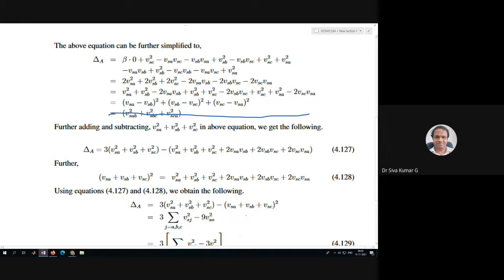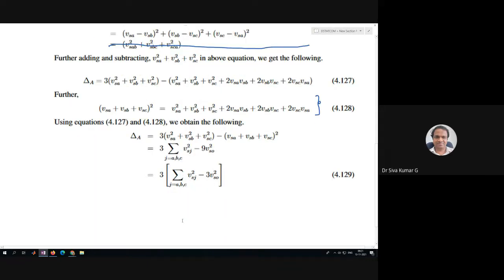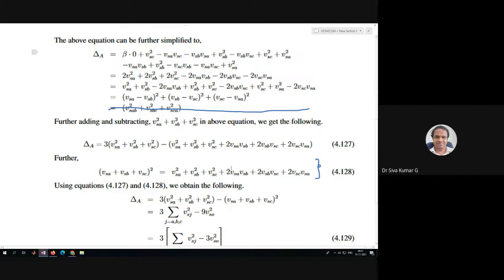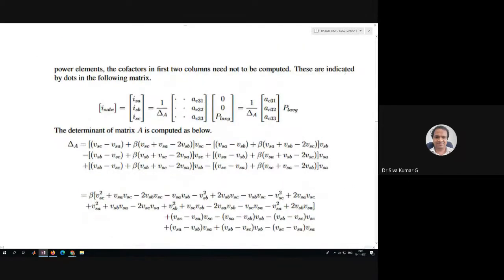Maybe from this equation they have gone for this equation by making use of this particular expression also. The final value of the determinant of A comes out as this equation, but we need to estimate these particular elements also.